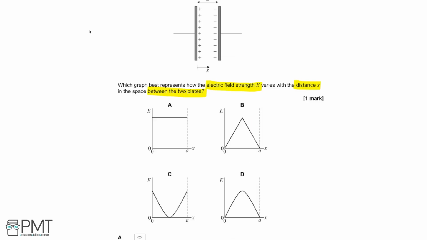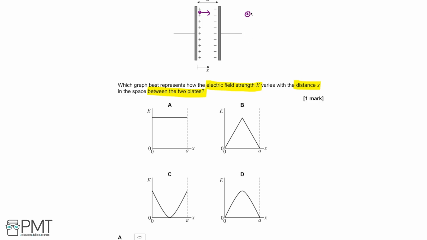In order to answer this question, it is helpful to consider the electric field acting on a small positive test charge. If we place the charge right next to the positive plate, then it will be repelled by the positive plate and attracted by the negative plate, so it will want to move from left to right. Therefore, the electric field is positive, which at the moment doesn't rule any of the four graphs out.